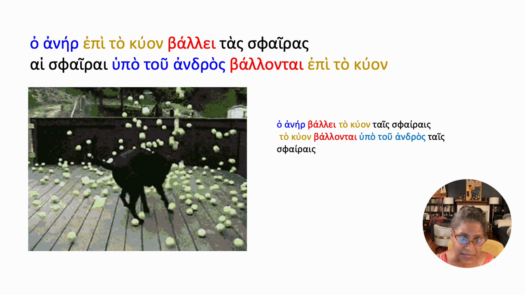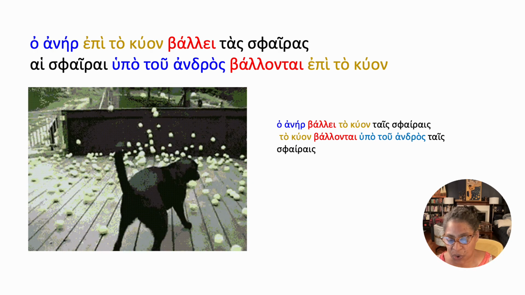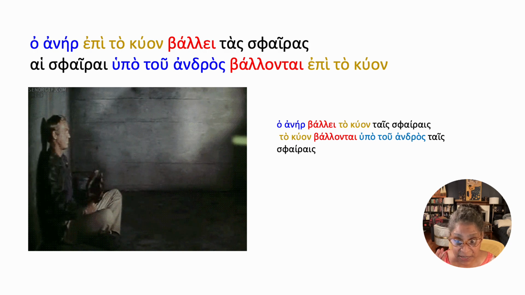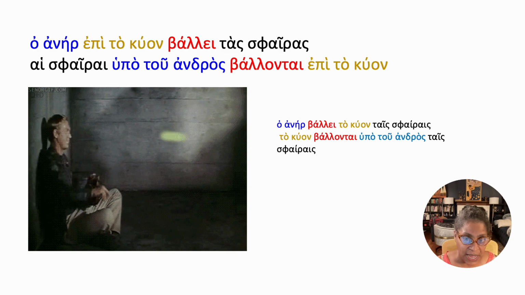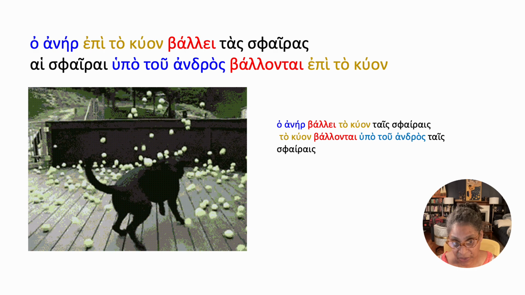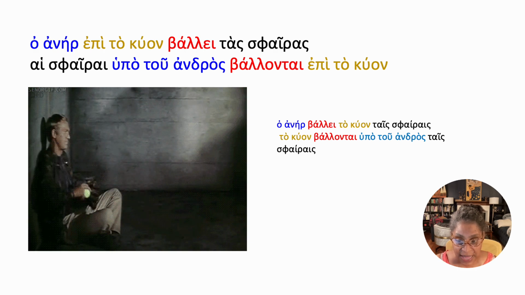Now, here is the passive form. Hai sphairai hupo tou andros balontai epi tokuon. So the balls are being thrown, balontai, by the man, hupo tou andros, epi tokuon, against the dog. All right, so in the active, the man is throwing the balls at the dog.